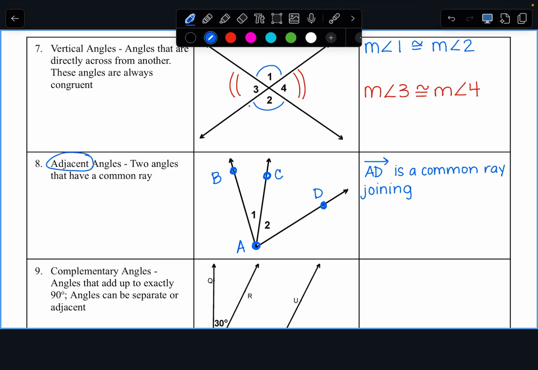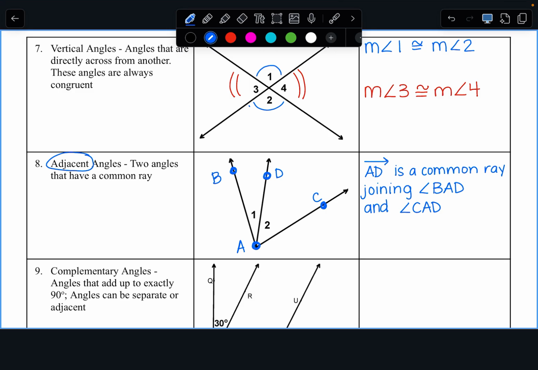Actually, I'm going to make one change here. That D should actually be in the middle, and the C should be on the end.